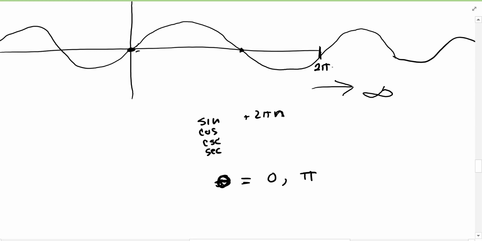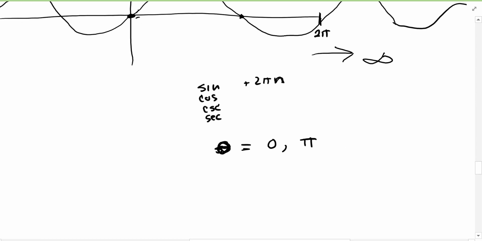Well, that's between 0 and 2 pi. Those are the solutions. But if I have to go on infinitely, then I would say 0 plus or minus 2 pi k or 2 pi n, and pi plus or minus 2 pi k. And that would be for these four.